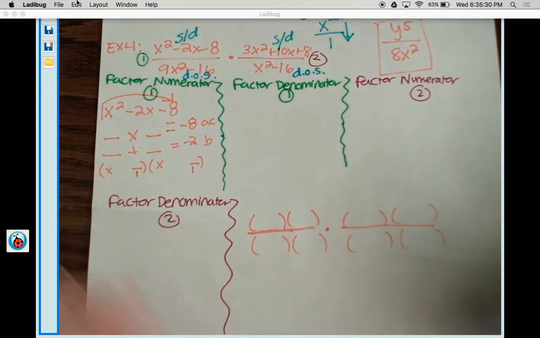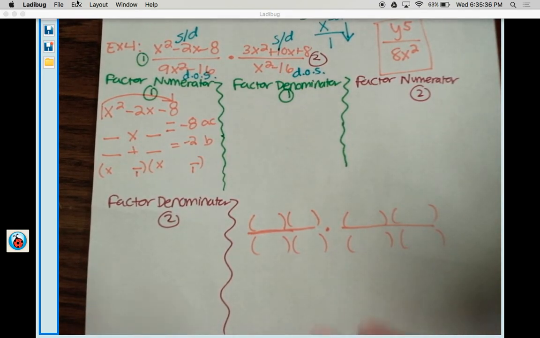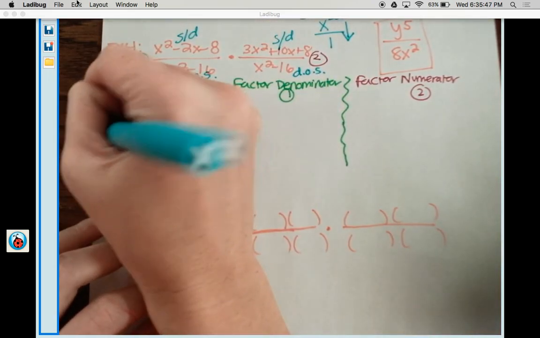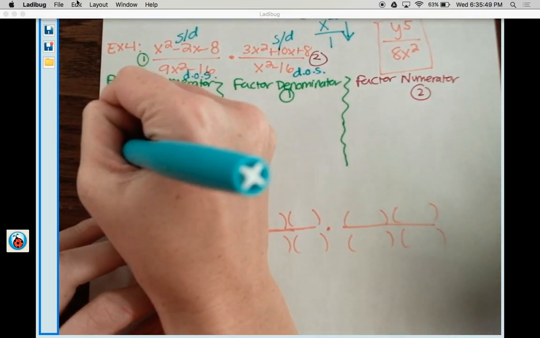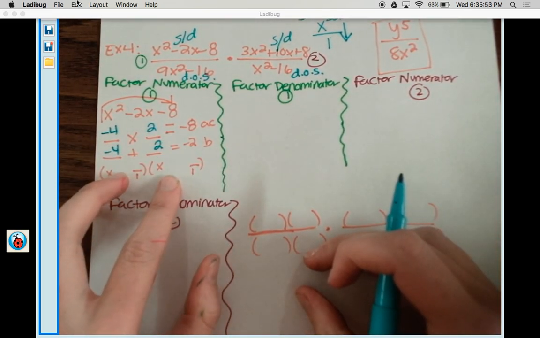So 2 numbers that multiply to be negative 8 and add to be negative 2. You just blew it out of the park. It is negative 4 and 2. And remember, these are the numbers that go in my parentheses.